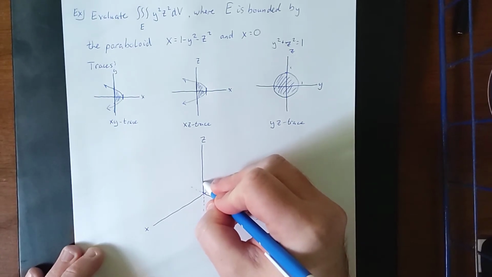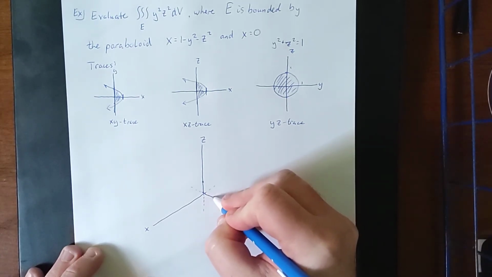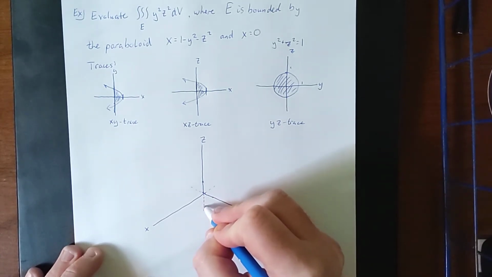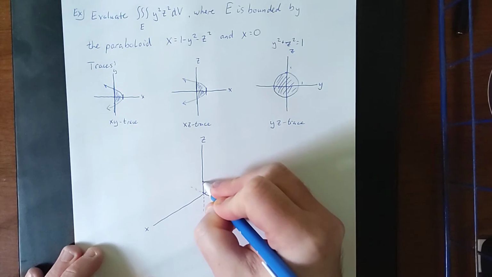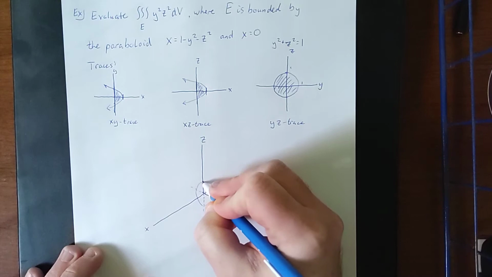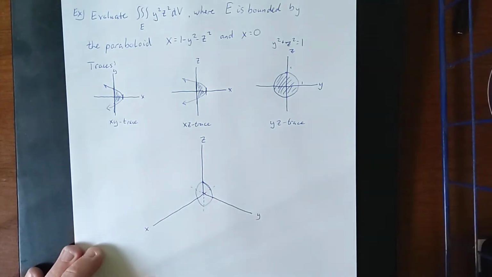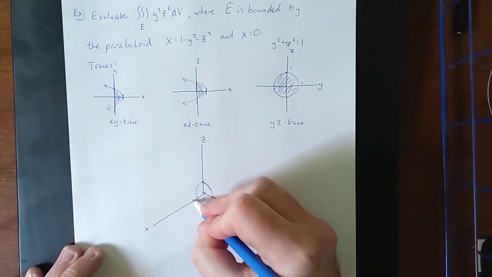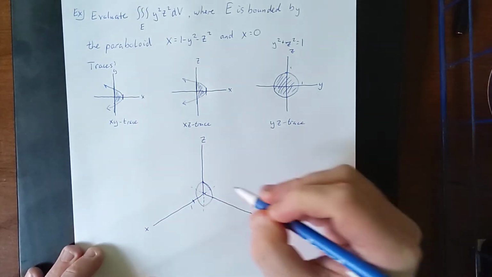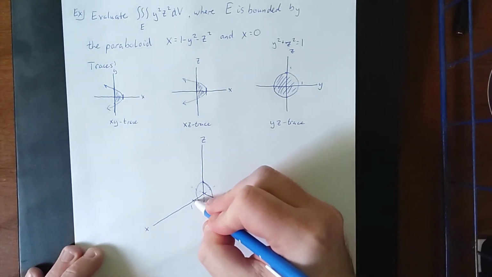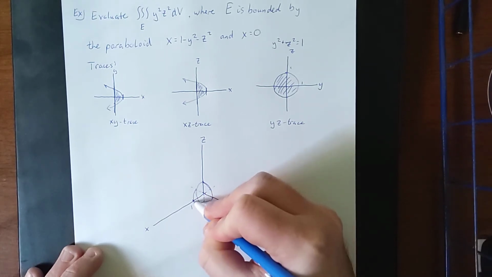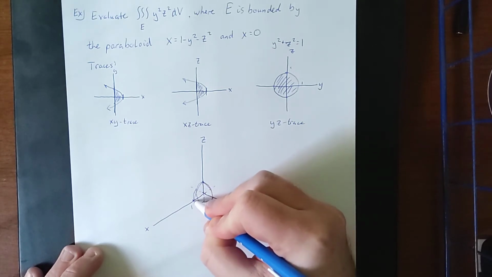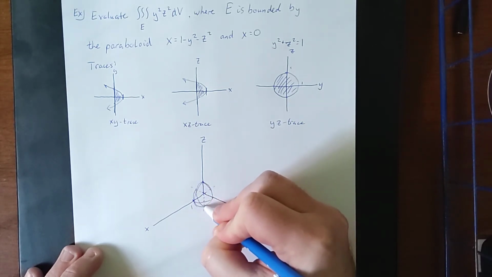So going up 1 unit on the z-axis, 1 unit down the y-axis, 1 unit down the z-axis, and 1 unit down the negative y-axis, we would have a circle passing through these 4 points. And again, trying my best. Good. We can then go 1 unit down the x-axis and put a vertex of the parabola there, and have this paraboloid open this away and this away, but then also this away and this away.